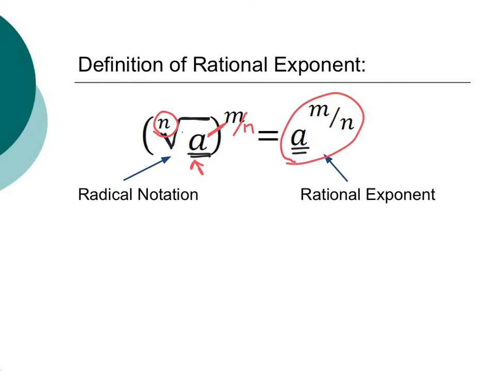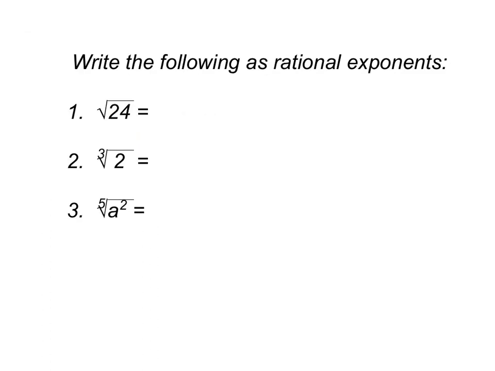You can also go the opposite way and go from rational exponent to radical notation, which isn't very common. So take a look at these. Instead of writing this as the square root of 24, we could say, well, I know this is a square root, so really there's a 2 there, and I know 24 is really to the first power, so I could write this as 24 and keep the power with it.